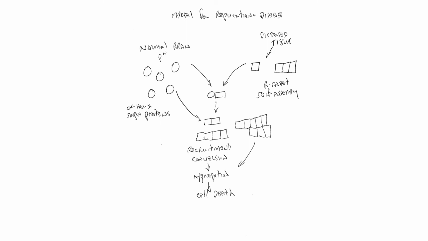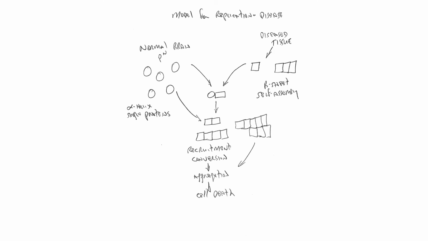So what happens is, if you ingest diseased tissue, you are ingesting the infectious prion, or many infectious prions, and the infectious prions have the ability to convert the normal forms into a prion-like beta sheet form. So they force the structure to change.